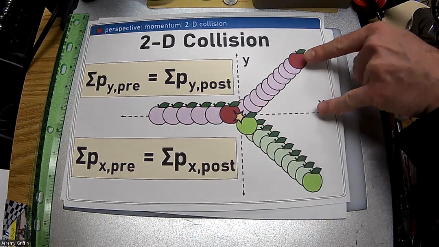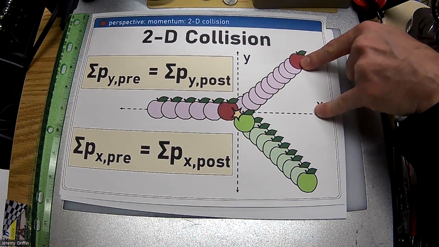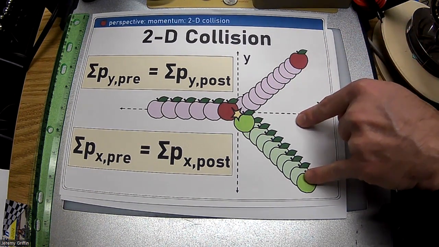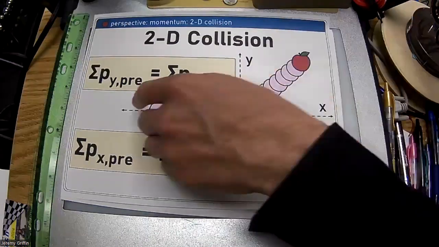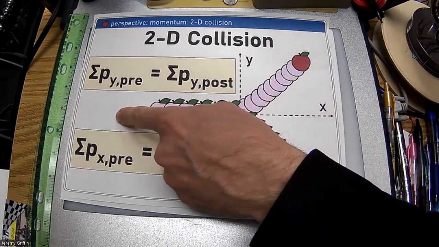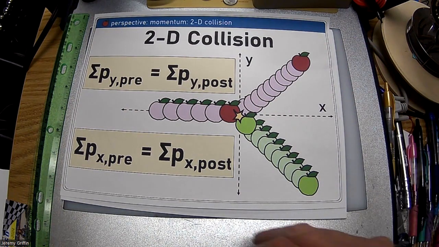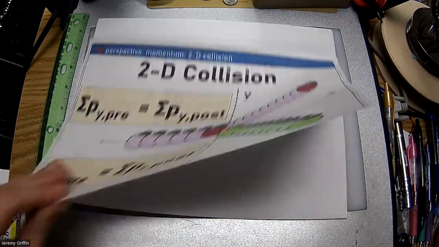But the vertical component of mass times velocity exactly cancels out with the vertical component of the green one going down, because it was zero coming in, so it's zero after the collision too. Zero vertical momentum here, zero vertical momentum here. You might see that one in college. But that is all my momentum posters.